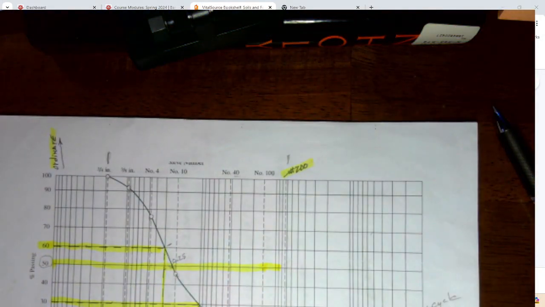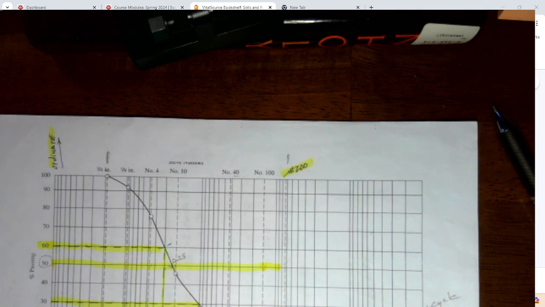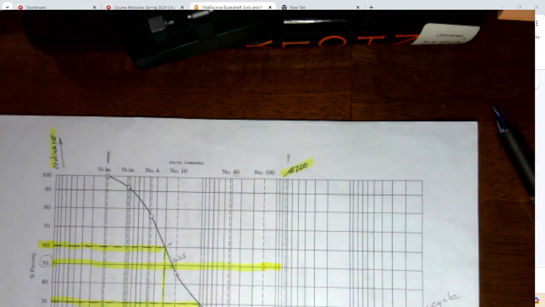So I've got them all over here. Now, what I've got to do once these are over here is calculate the coefficient of uniformity and the coefficient of curvature, and they're abbreviated just like this. Here's the formula for uniformity: D60 is the particle size where 60% of the chart passes.